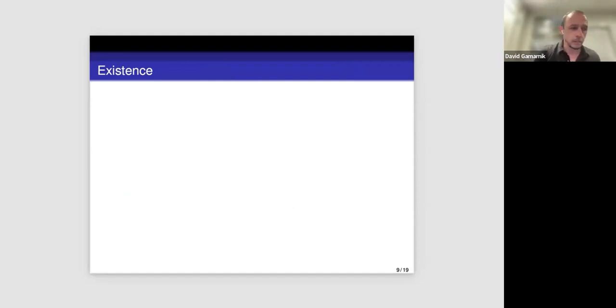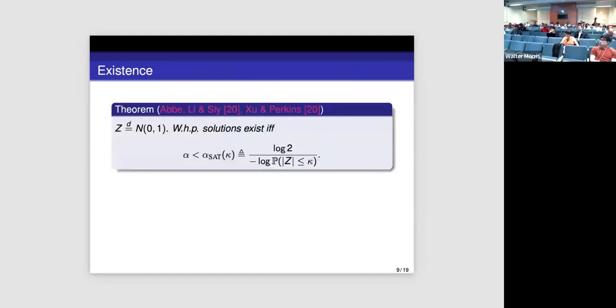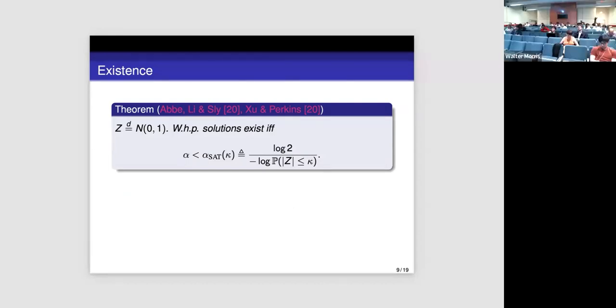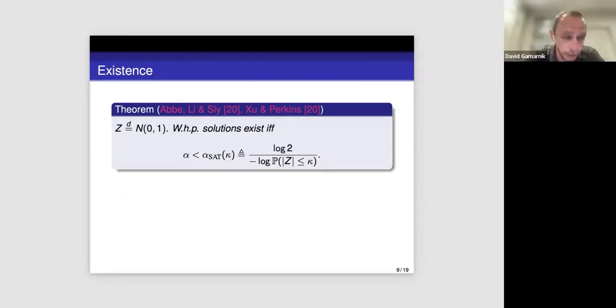about this question. So regarding the first question, when is it the case that the solution set is non-empty, that at least one solution exists? This was resolved relatively recently in two parallel papers. It turns out that existence or non-existence is a kind of 0-1 law.